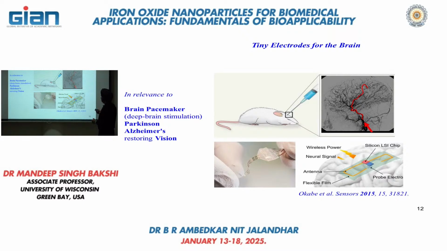The nanowires which we produce for gold or silver, the metallic nanowires, people are using them to cure Parkinson and Alzheimer diseases, particularly those induced by brain disorder.